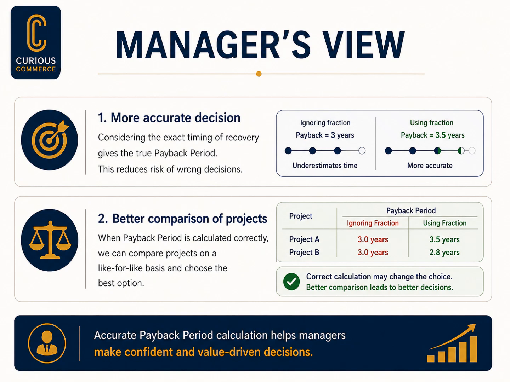For example, project A's and project B's payback period is 3 years. But when you use the fractional formula, the exact payback period is 3.5 years for project A and 2.5 years for project B. So, fractional payback helps in better comparison, better planning, and more accurate investment decisions.